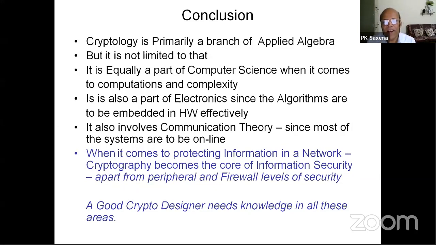And once the deciphering happens, there is the decoding from symbols to the alphabets of plain information, because there are n number of ways in which plain alphabets could have been coded into bits. So there are so many complex situations, and this game is on between cryptographers and cryptanalysts.